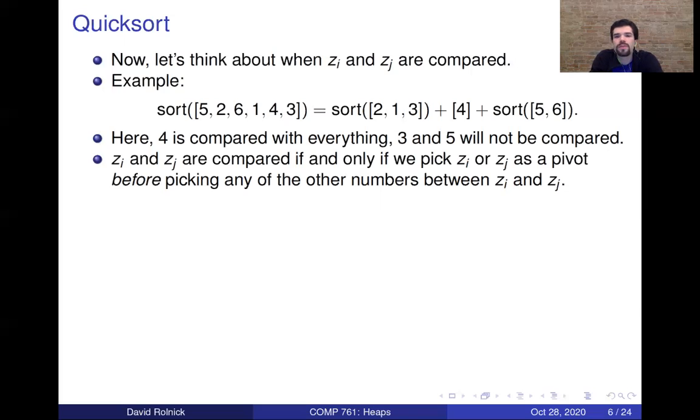Remember that there are n numbers overall. They're z_1, z_2, z_3, all the way up to z_n.